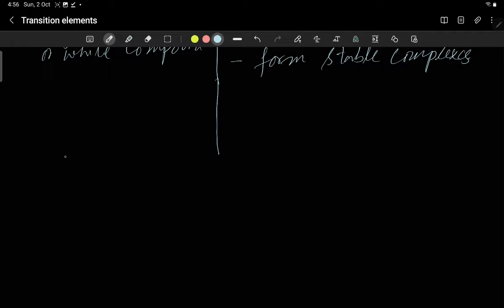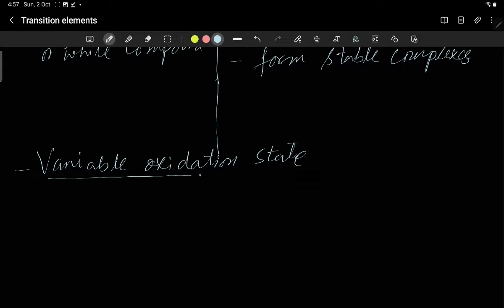So let's discuss the variable oxidation state first. Why do transition elements have variable oxidation state? All transition elements exhibit variable oxidation state.